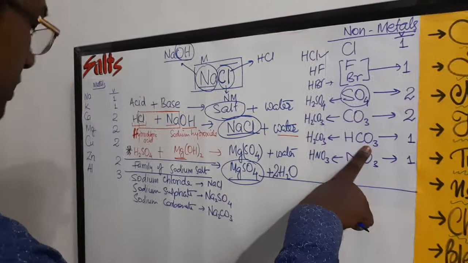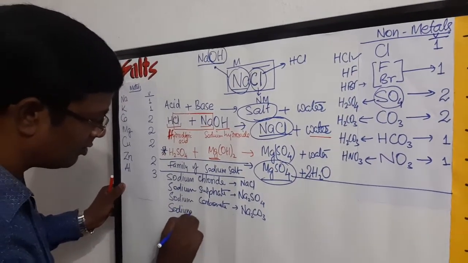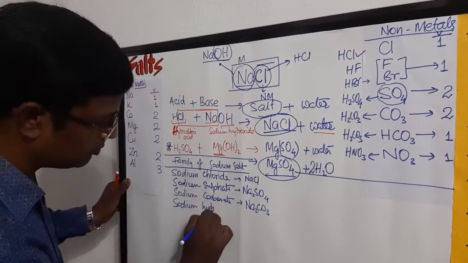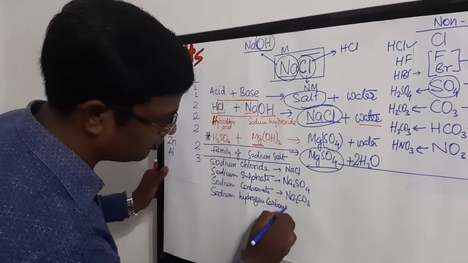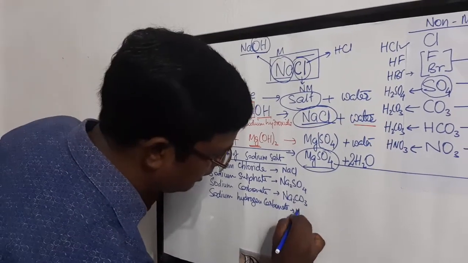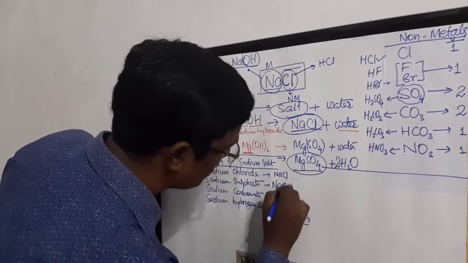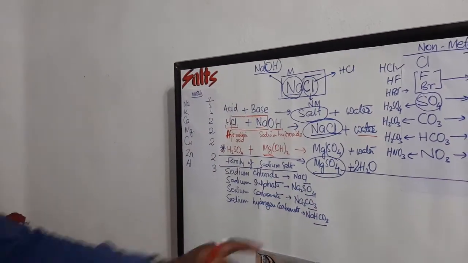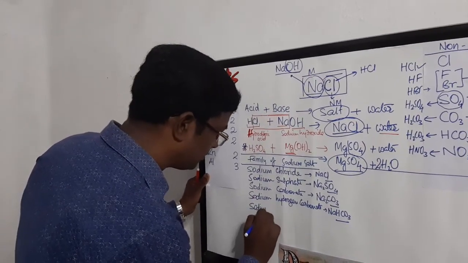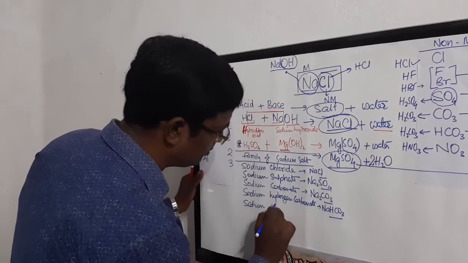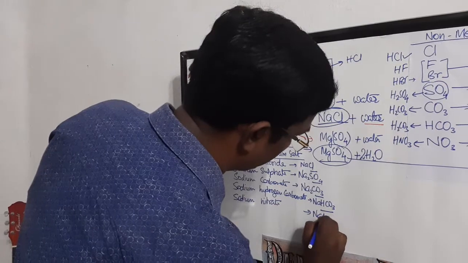We can write sodium hydrogen carbonate. It's NaHCO3. Sodium nitrate is another salt, NaNO3.